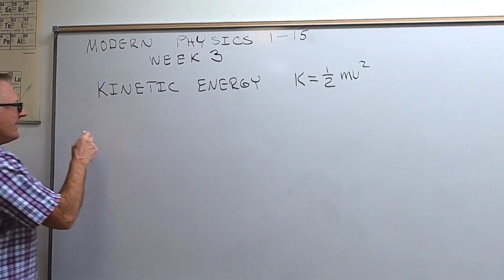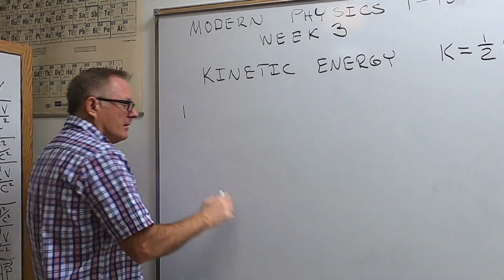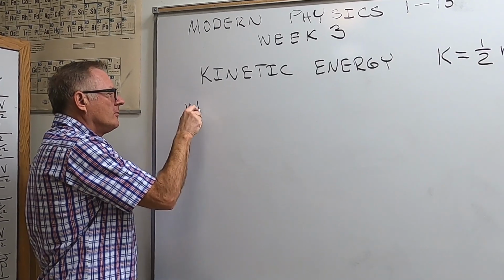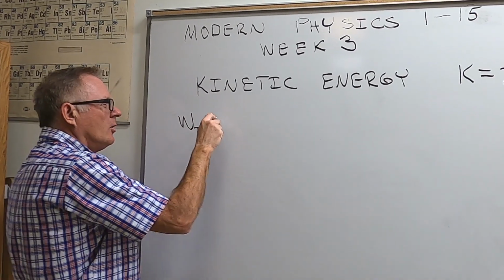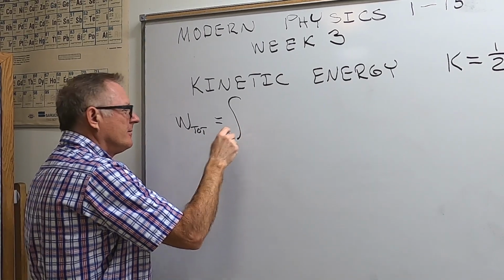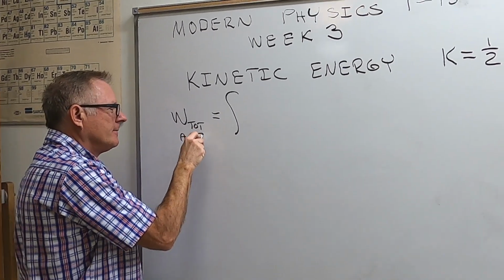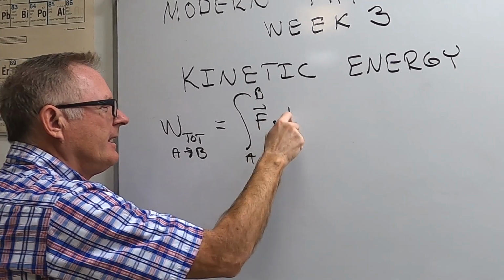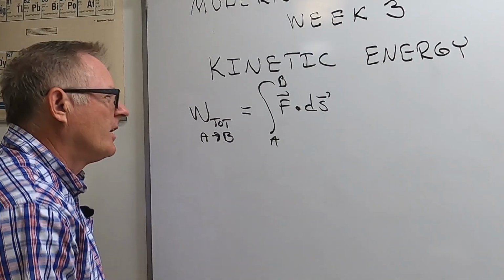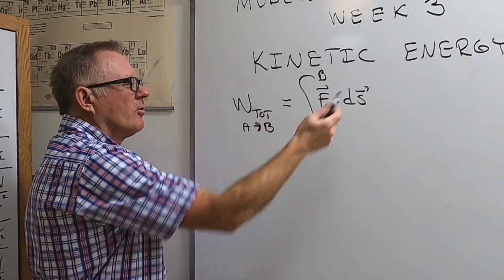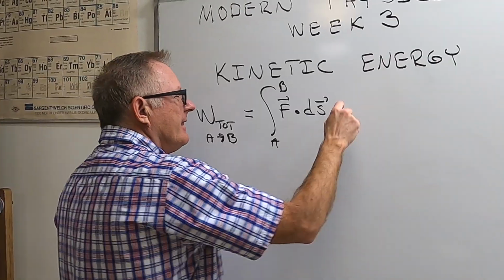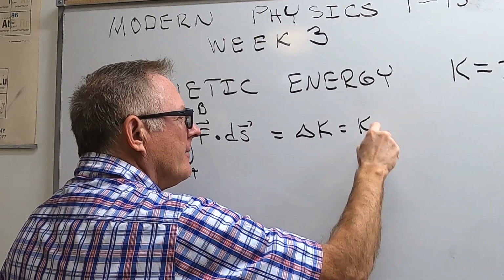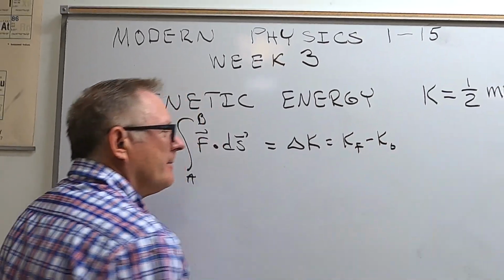The way we define kinetic energy is the total work on a system, which we defined as the integral from, say, A to B of F dotted with ds. That was the definition of the total work moving an object, where that's the total force dot ds. And that ended up being the change in kinetic energy, which is the final kinetic minus the initial kinetic.